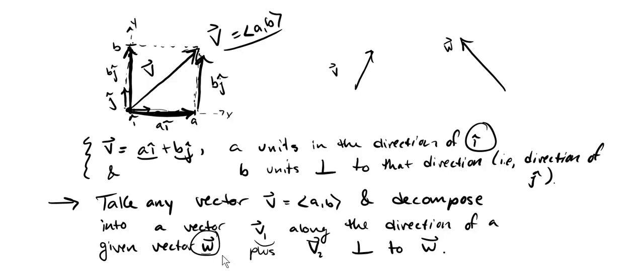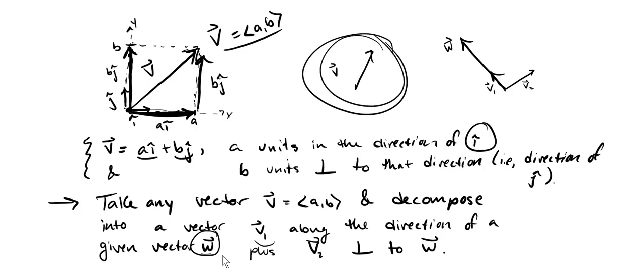We want to take this vector v and break it up into two vectors, one in the direction of w and one perpendicular to w, so that when you add these little guys, you get back this v vector. That's the idea here of decomposing these into two orthogonal vectors.